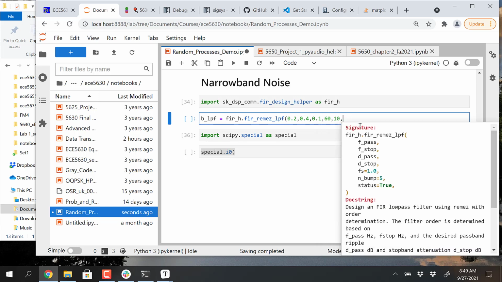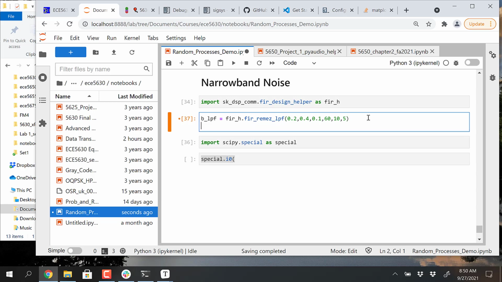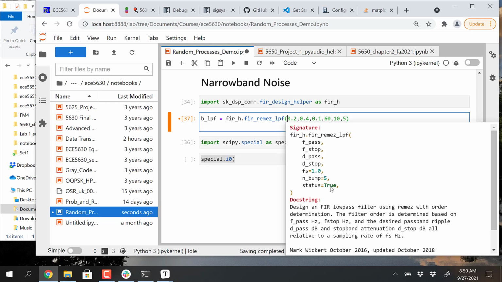And the last parameter in here is, do I want to bump the order, because this is an approximation equation to get this equal ripple filter, but I'm just going to plug in the default so I can change it if I want. And then what I should have done, because I don't have something that the student also added for me, was status.